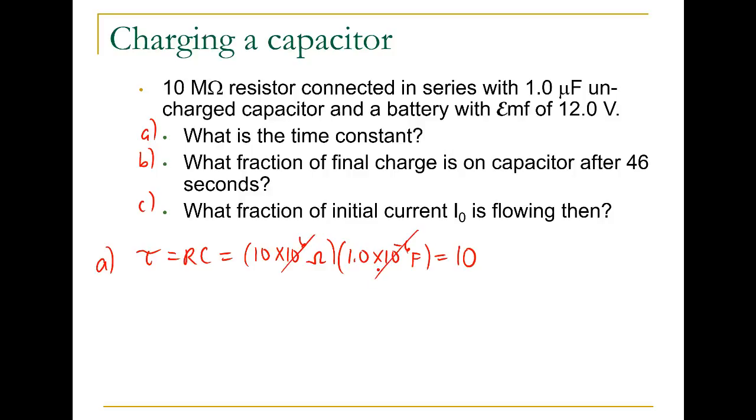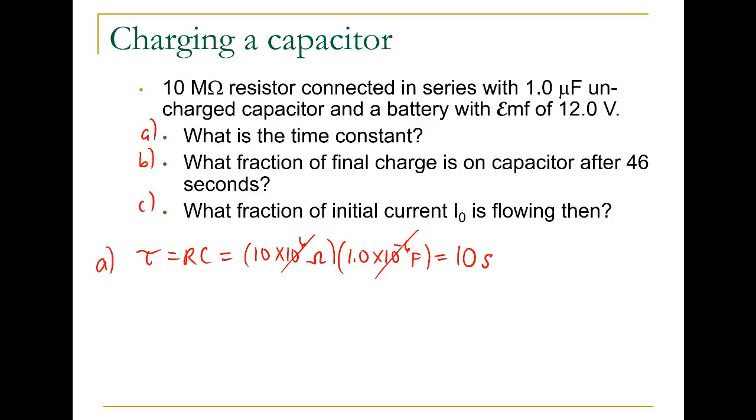The 10 to the 6 and 10 to the minus 6 cancel out. What's the units of the time constant? Well, believe it or not, it's actually time. So 10 seconds is tau. Now remember, physically what tau is telling us is it's basically the amount of time to charge up 64% of the way, or to discharge about 2/3 of the way.